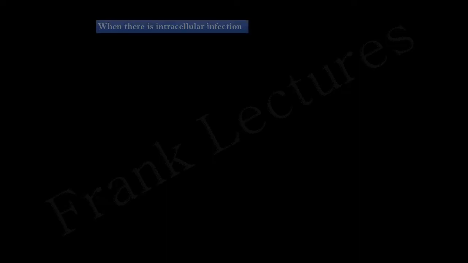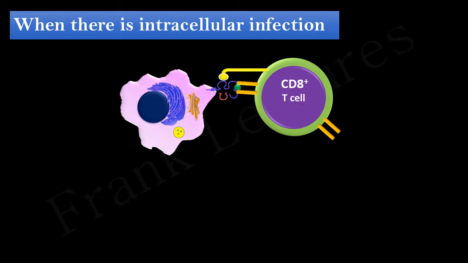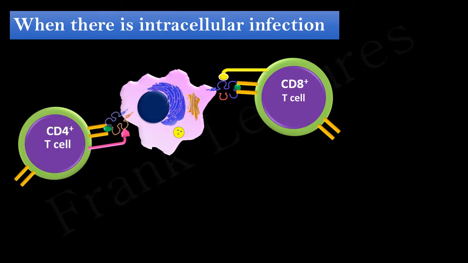When there is an intracellular infection, for example viral infection, dendritic cells from the site of infection migrate to nearby lymph node and present the viral antigens in the form of MHC1 antigen complex. Naive CD8 positive T cells recognize the bound antigen.